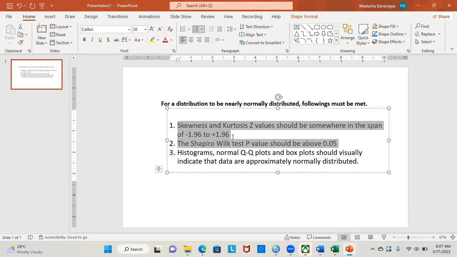So the first one was skewness and kurtosis Z values, which should be somewhere in the span of minus 1.96 to plus 1.96. The second one, Shapiro-Wilk test p-value should be above 0.05.